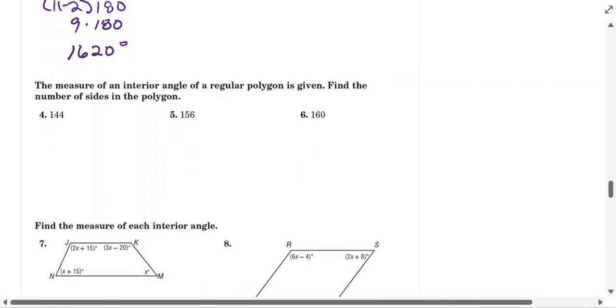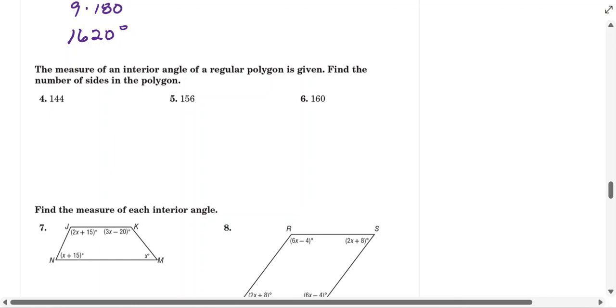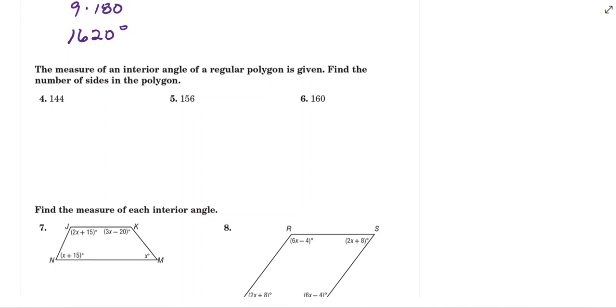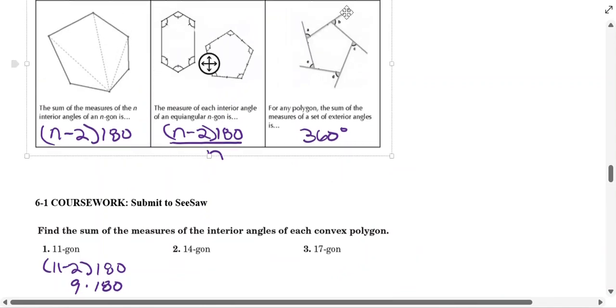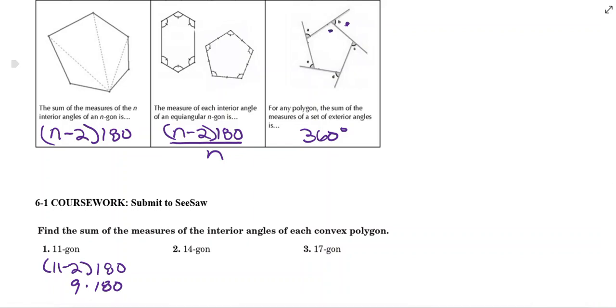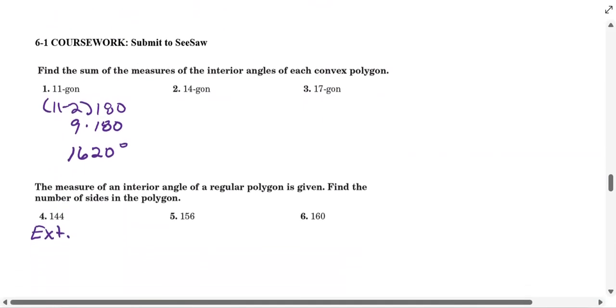The measure of an interior angle of a regular polygon is given. Find the number of sides in the polygon. The easiest way to do this is to find the exterior angle. We know the interior and the exterior angle add up to be 180. Looking at this picture again, here's an exterior angle, here's the interior angle. They form a line, so they add up to be 180.